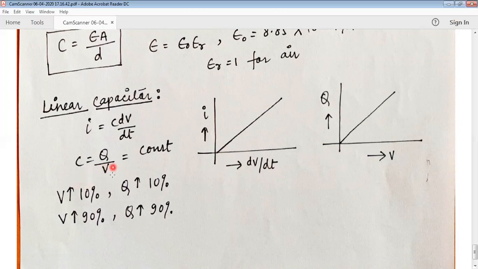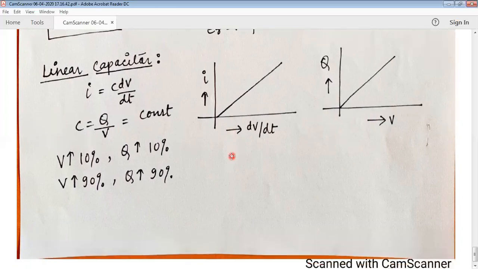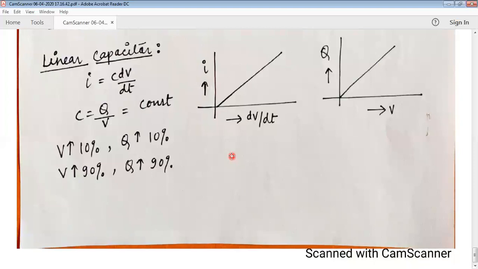And Q equal to CV, so C equal to Q by V. If this is also constant, everywhere the slope is constant, then that is the linear capacitance. Your capacitance value is not depending upon the voltage magnitude. So that is your linear capacitor. For a linear capacitor, if you increase the voltage by 10%, then the charge will also increase in the same proportion.